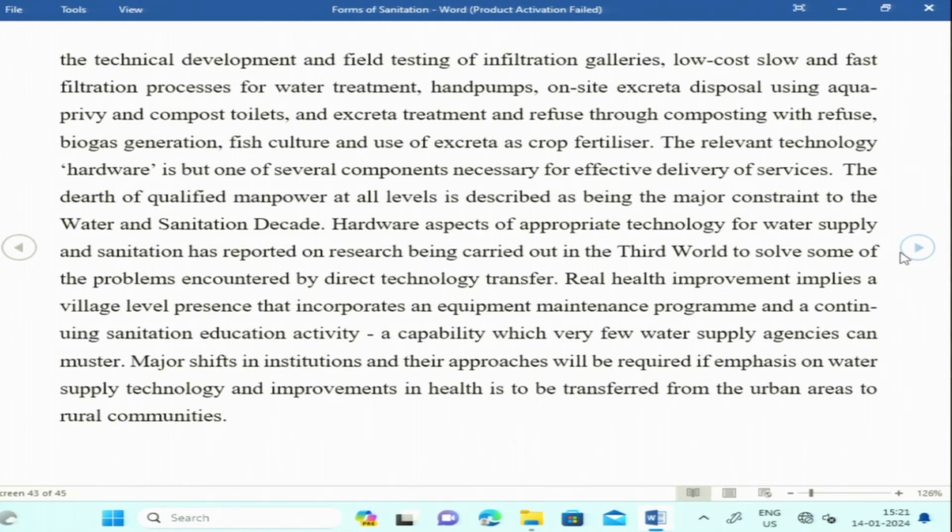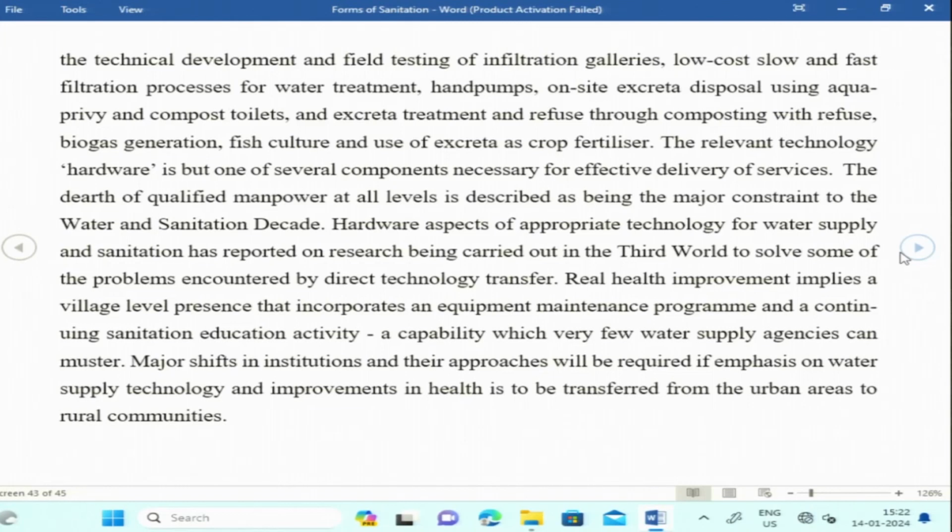So when we speak about the international water and sanitation decade, the appropriateness of the technology is going to be important. We speak about real health improvement, which is meant more for the rural areas, especially the villages.